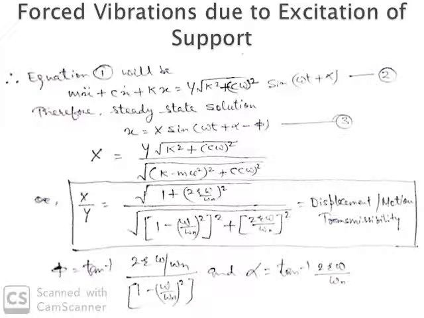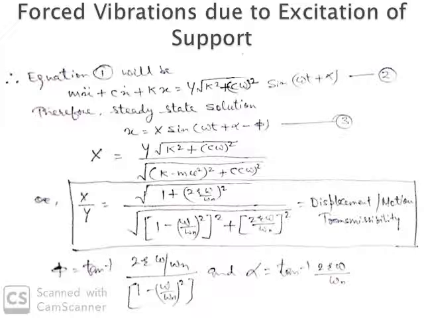A similar force polygon can be drawn for this equation by replacing the value of x dot and x double dot. We will get X equals y under root k squared plus (c omega) squared divided by under root of (k minus m omega squared) squared plus (c omega) squared.